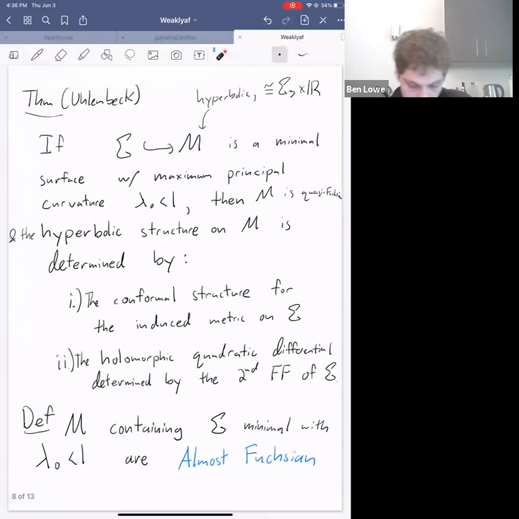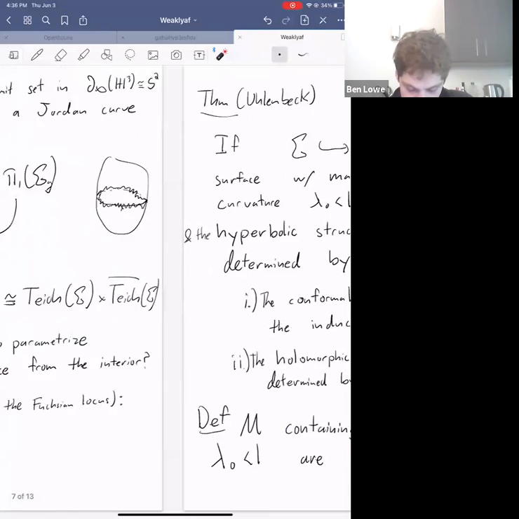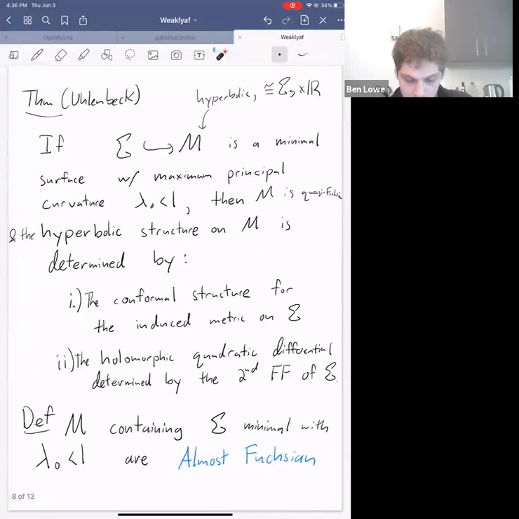Cool. So to say more about how this works with parameterizing Quasi-Fuchsian space, or some part of Quasi-Fuchsian space, by minimal surfaces, it's basically this paper by Uhlenbeck. And the setup for the main theorem is as follows.